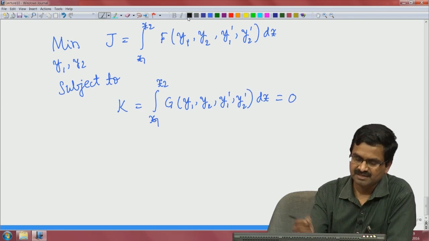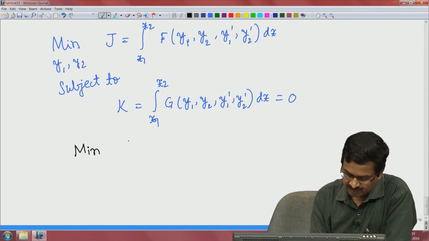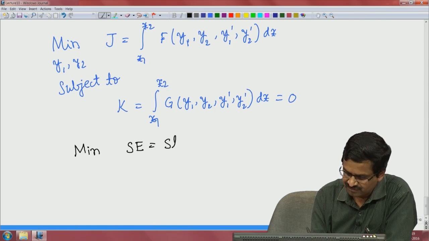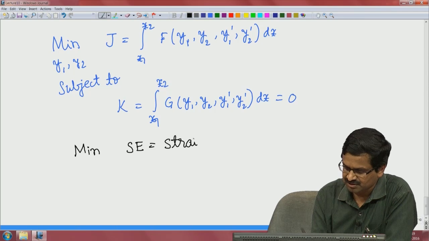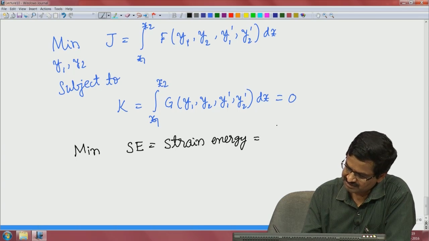Let us write such a problem where I would say minimize. Here we have, let us say, strain energy S E. We will take a physical problem related to structural optimization, strain energy of a one dimensional system, which we will describe, not a beam.